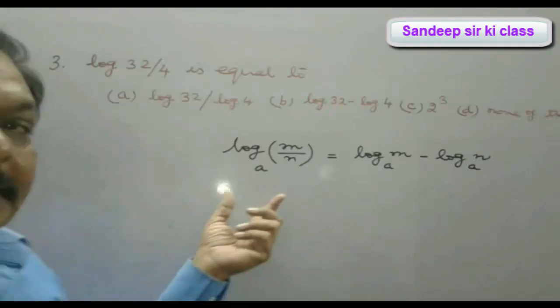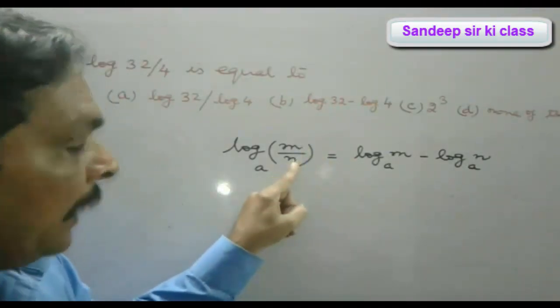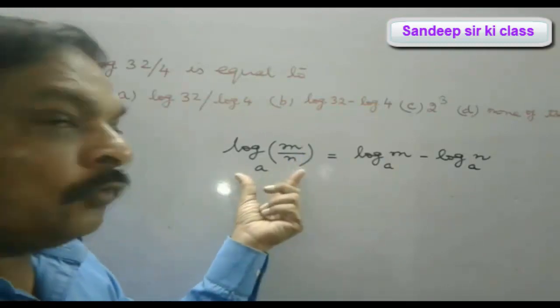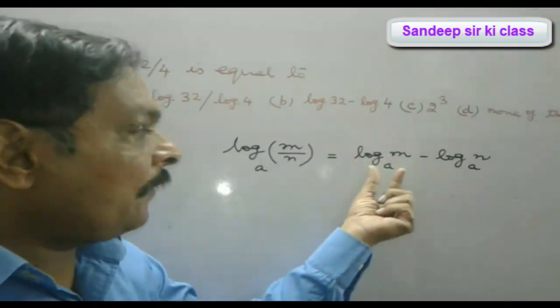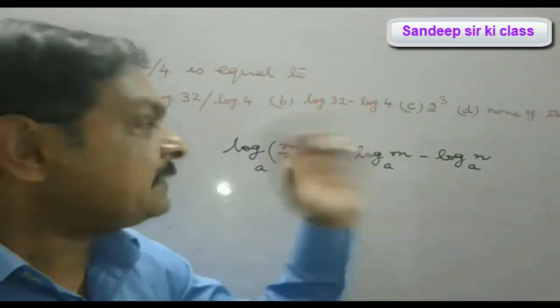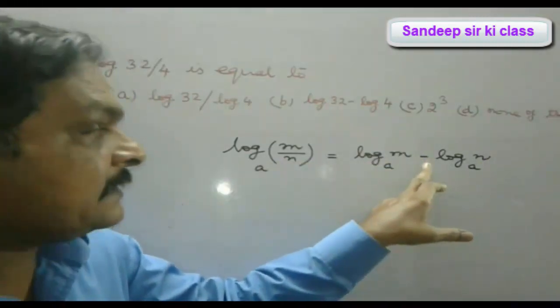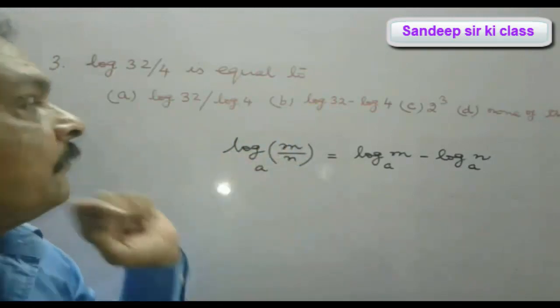This we have seen in our theory that log of m upon n, if we are to find it to the base a, then log of m to the base a is subtracted with log of n to the base a. They become in the subtraction form if here they are in the division form.